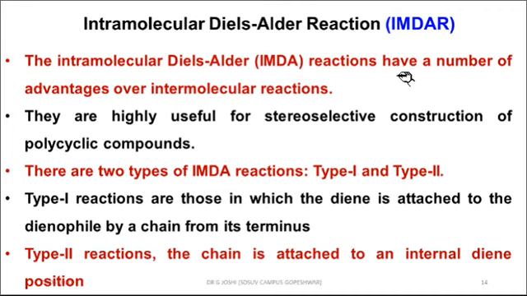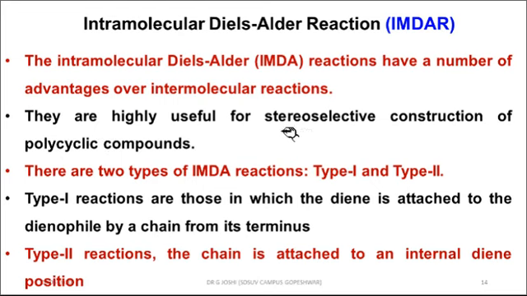It needs a lower temperature compared to the intermolecular Diels-Alder reaction. Similarly, the formation of side products, as well as dimerization or polymerization problems, is significantly reduced. Therefore, the intramolecular Diels-Alder reaction becomes highly useful in organic synthesis in comparison to the intermolecular Diels-Alder reaction.